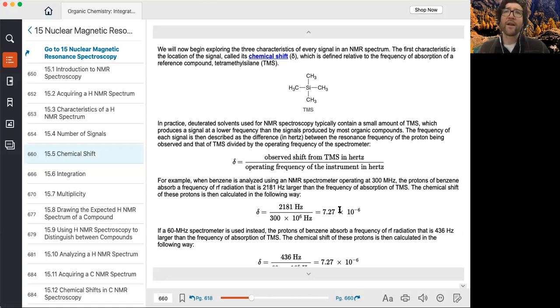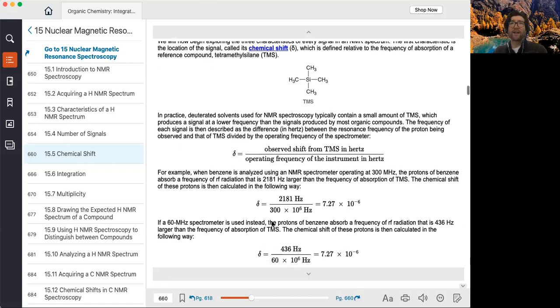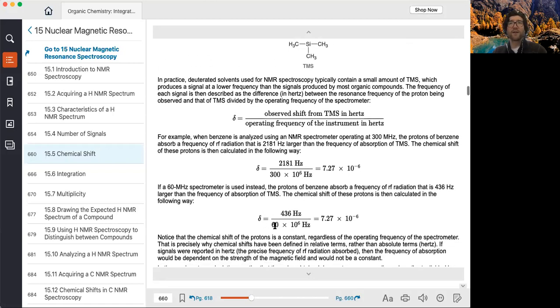The really cool part about ppm and NMR spectroscopy in general is that even if you have NMR spectrometers of different magnet strength, so 300 megahertz represents a pretty strong magnet, but 60 megahertz here represents a pretty weak magnet.